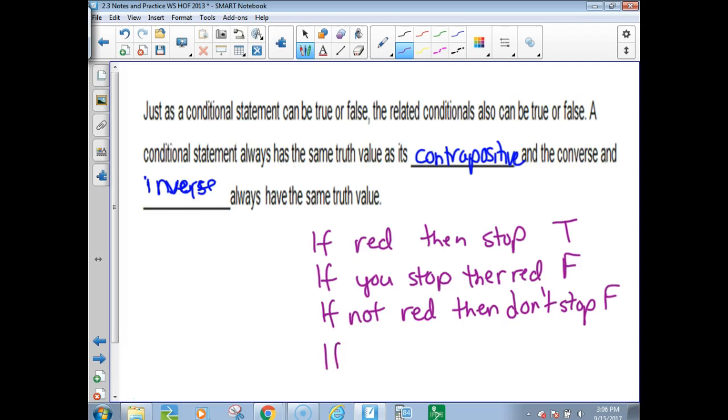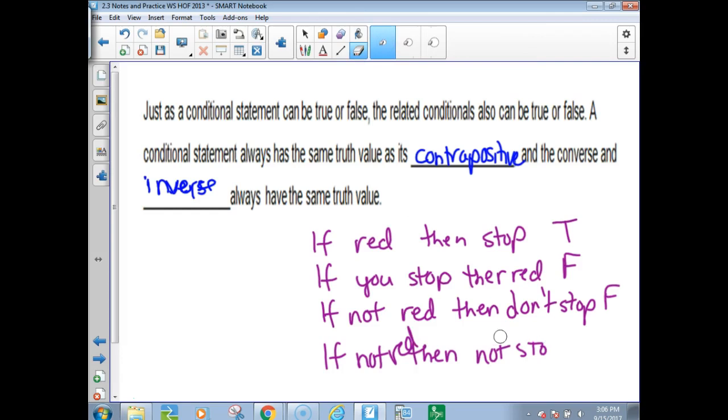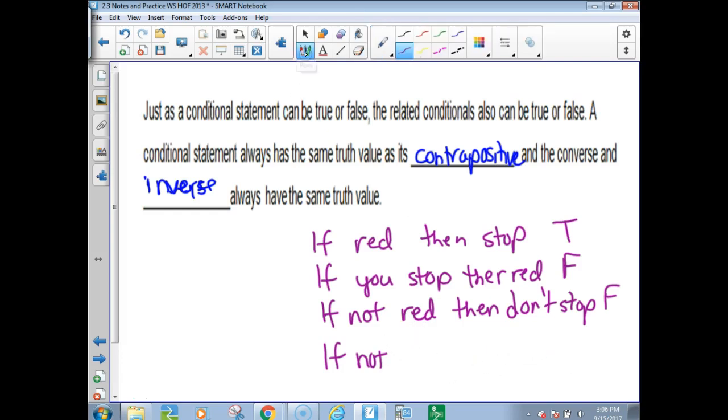But if it's not red, oops, I forgot to write red. I didn't write that right. Oh my lordy, I'm writing the same thing over again. I was just trying to hurry too fast. I should be going back and negating this, and switching the hypothesis and the conclusion.